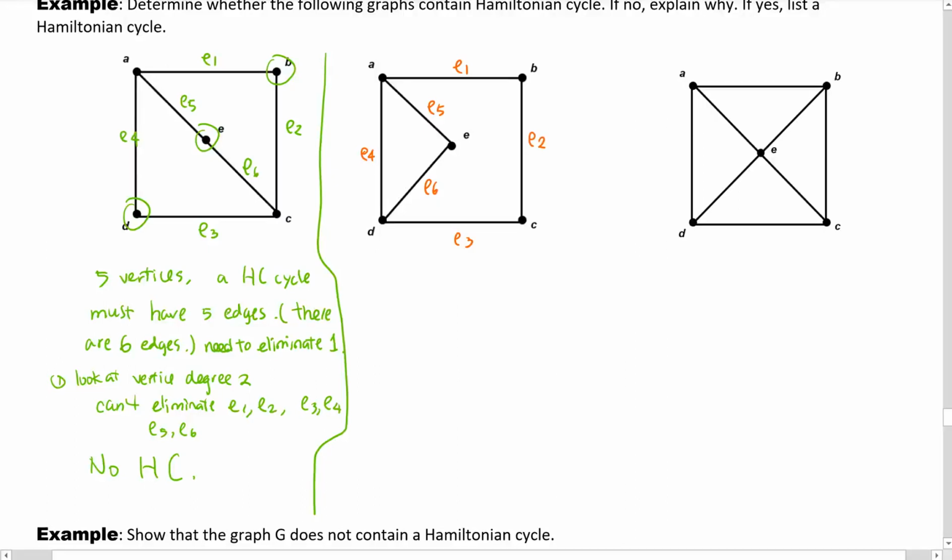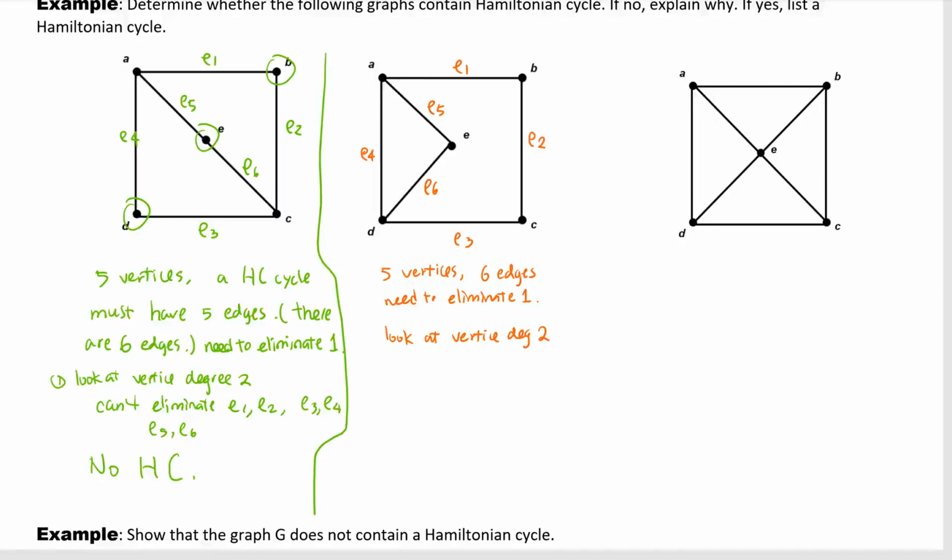Okay, so here we have how many vertices? We still have 5 vertices, and we have 6 edges. We need to eliminate 1. So we look at the vertices with degree 2.